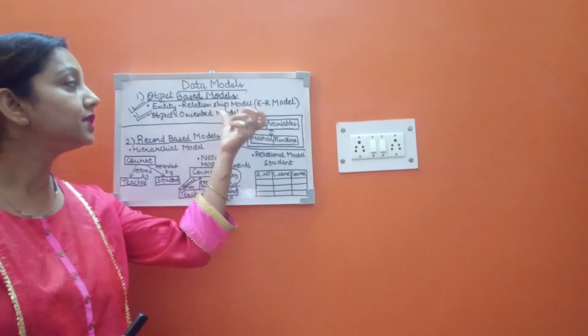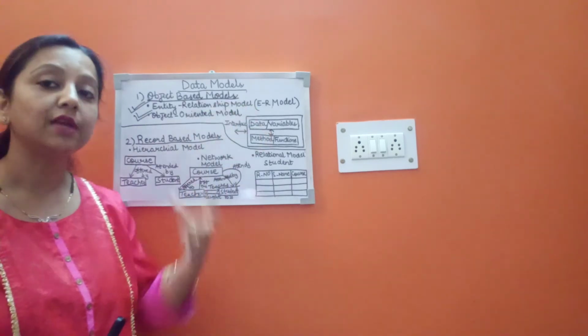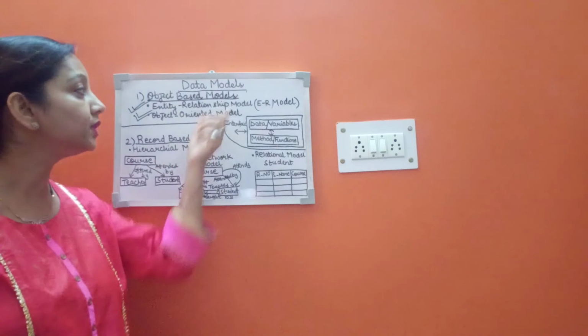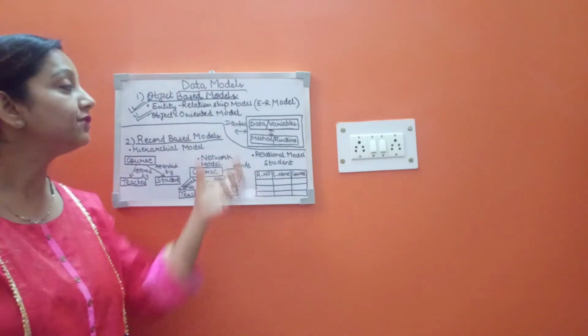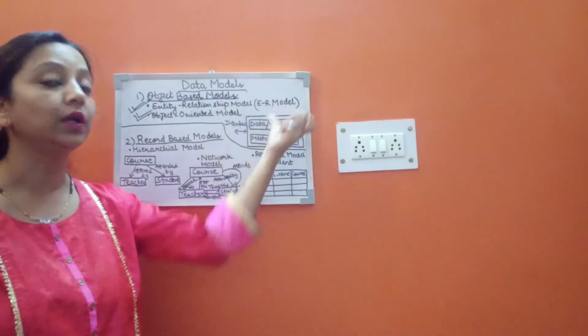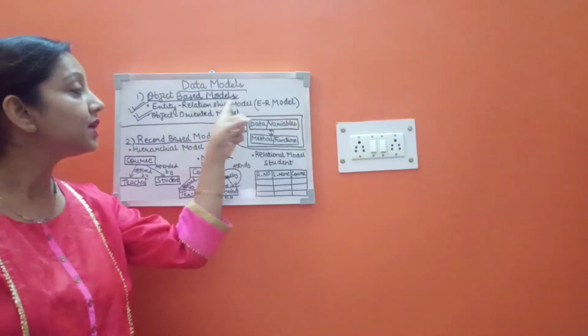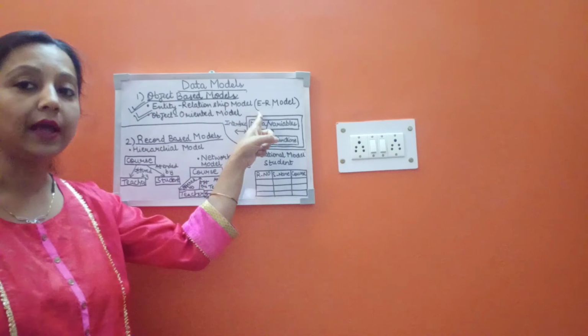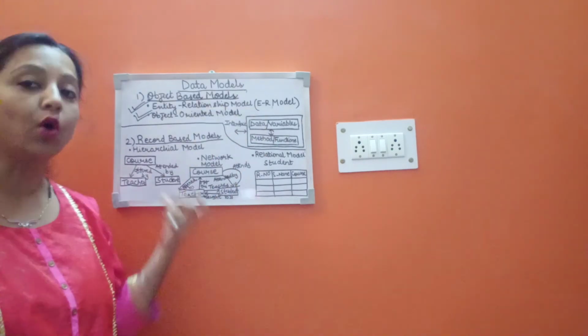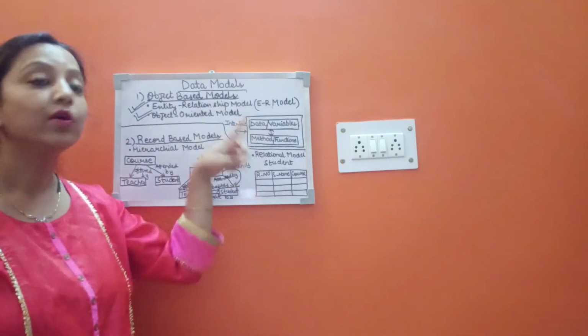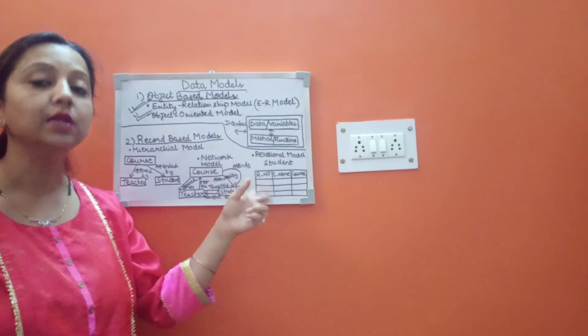So since this is a very important model, it is a topic in itself, and hence we will discuss this particular model in a lot more detail than other models. Hence we will discuss this model at the end. That means after discussing all other models, at the end we will discuss the ER model in detail.